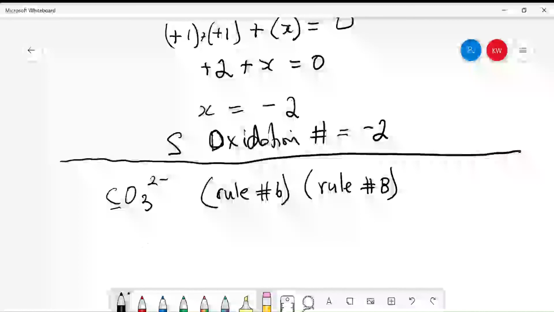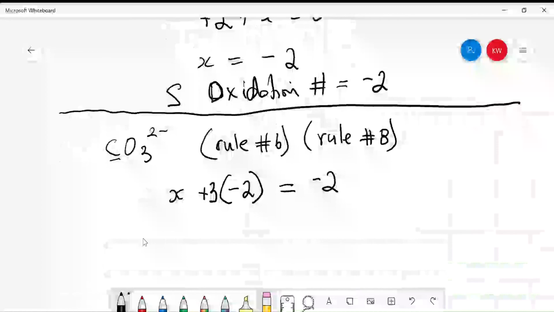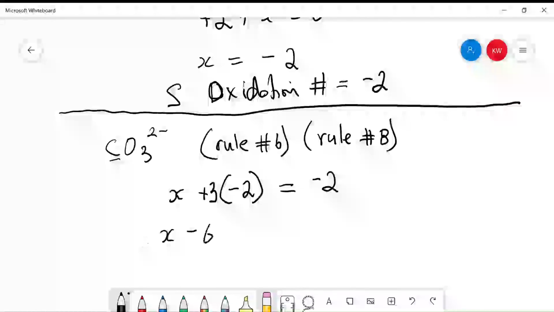We don't know carbon, so we're going to call it X. It's only one carbon, so it's X plus each oxygen is -2. And since we have 3 oxygens, we could go ahead and put a 3 here, instead of adding it 3 times, that's much simpler. And these must add to -2 or 2-. It doesn't matter how you want to write it, -2 or 2-. So X minus 6 is equal to -2.